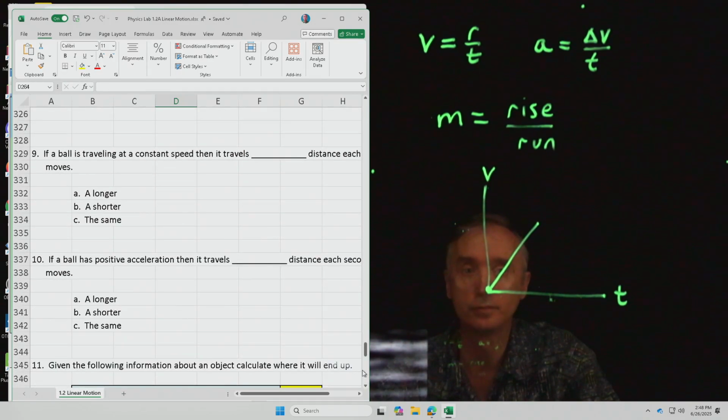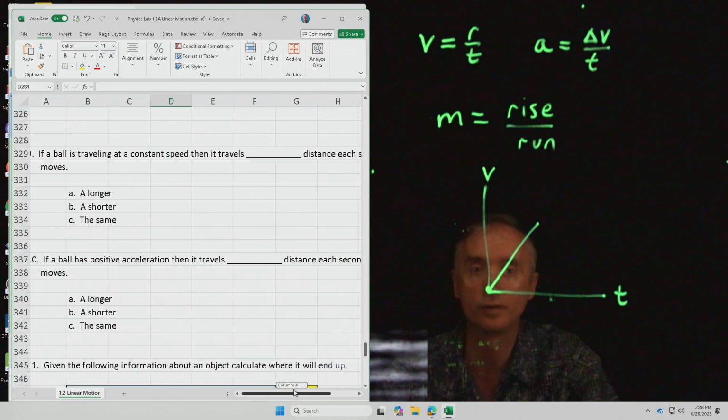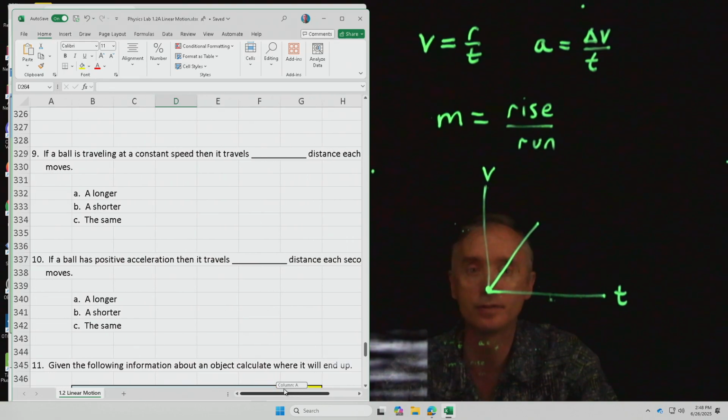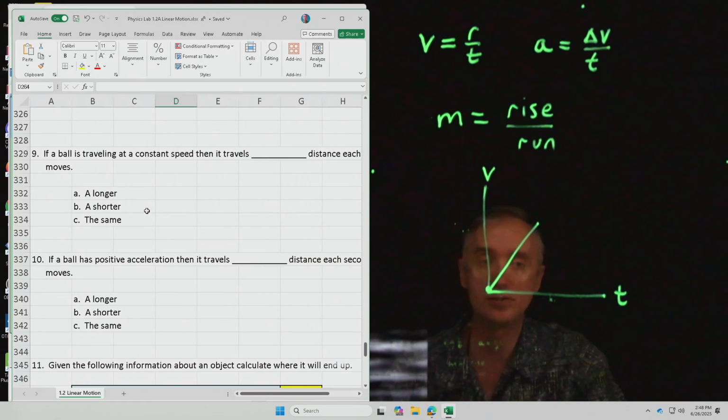Number 9. If a ball is traveling at a constant speed, then it travels a longer distance for each, let me move this over a little bit, for each second it moves. Does it move a shorter distance each second, or does it move the same distance each second?